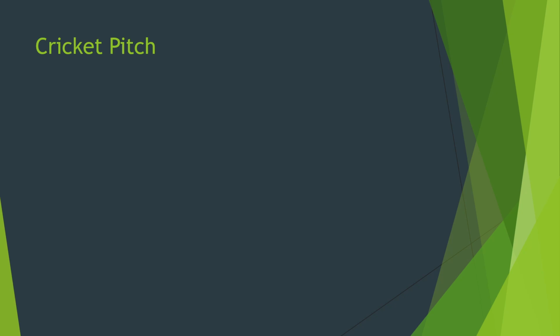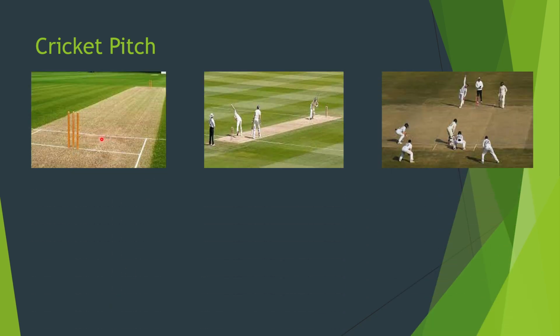Now let's take a closer look at what a cricket pitch looks like. So this is a picture of a cricket pitch, and these three sticks on either end of the pitch are called the stumps. And this person here who throws the ball is called the bowler.